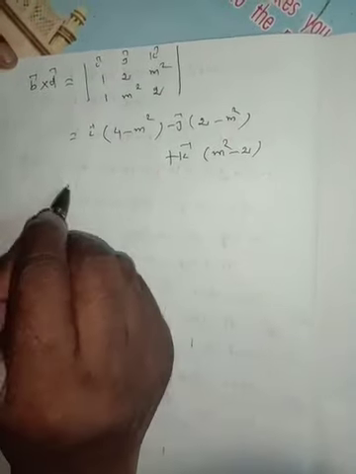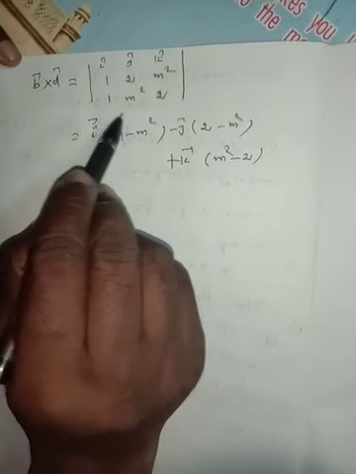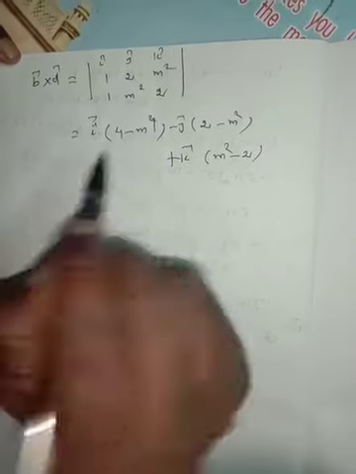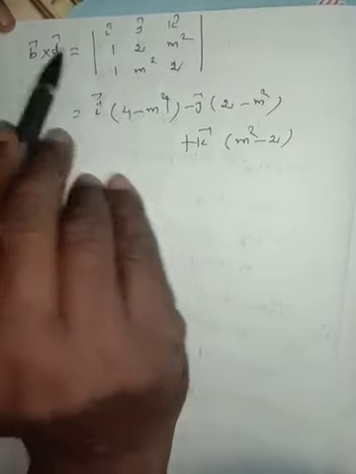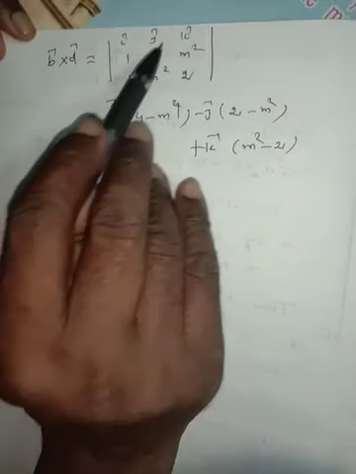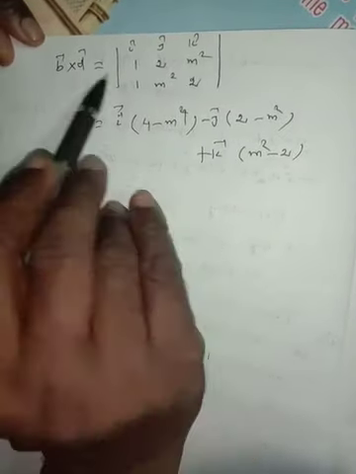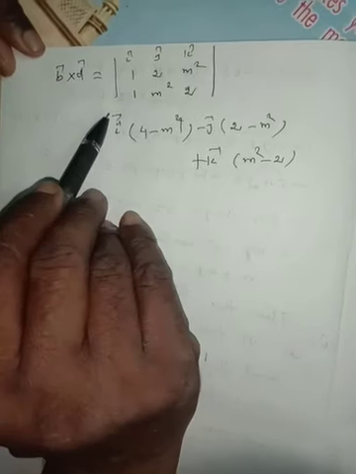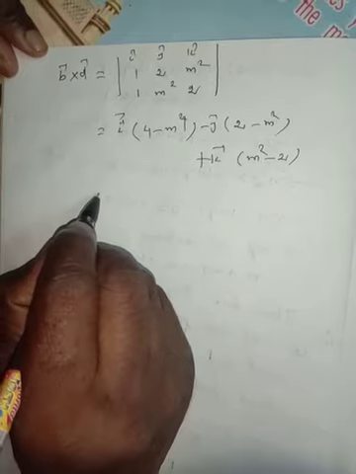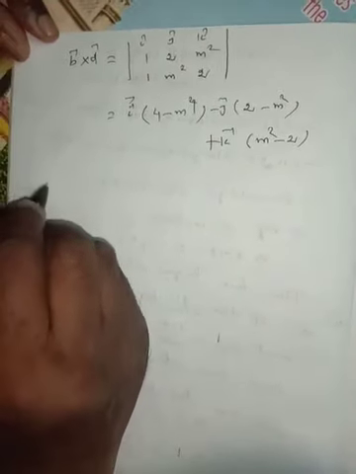Here i vector into 4 minus m square into m square gives m power 4. Next, one 2 is 2, so (2 minus m square), plus k into (m square minus 2). This is b cross d.